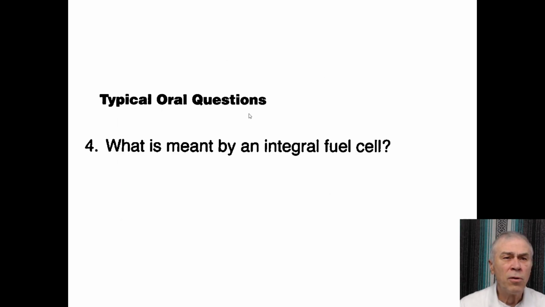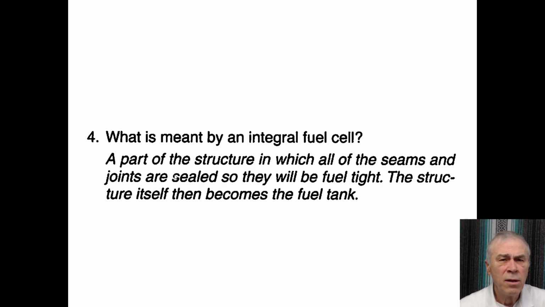A typical oral question, what is meant by an integral fuel cell? The fuel cell is composed of the structure of the aircraft, which is sealed off and used as a fuel tank. Part of the structure in which all the seams and joints are sealed so that they will be fuel tight.